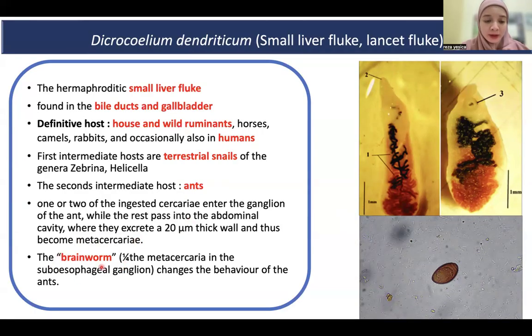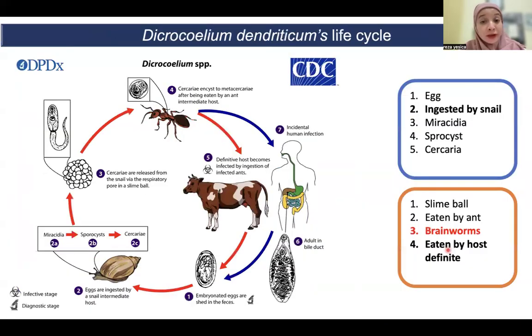This phenomenon is called brainworm, since more than a quarter of the metacercaria grow in the subesophageal ganglion of the ant, and it makes changes in the behavior of the ant. So it's like a crazy ant, maybe. And this is the morphology of the egg of Dicrocoelium dendriticum.